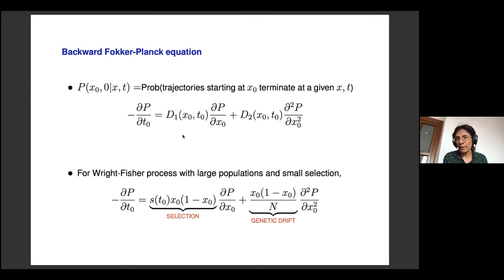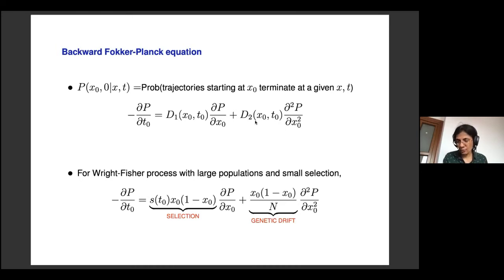And this is a partial differential equation. So there is a time derivative and two space derivatives. Space here means allele frequency. Here is the drift coefficient, and this is the diffusion coefficient. Both of them are in general dependent on space and time.